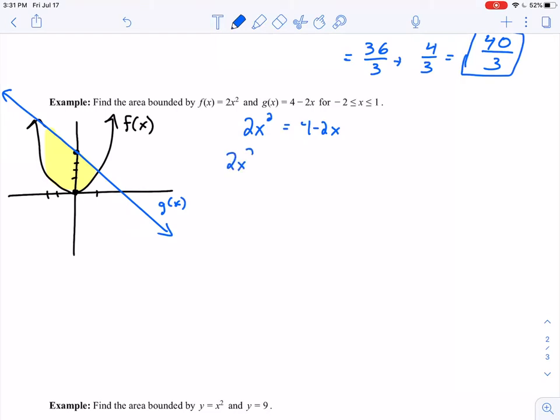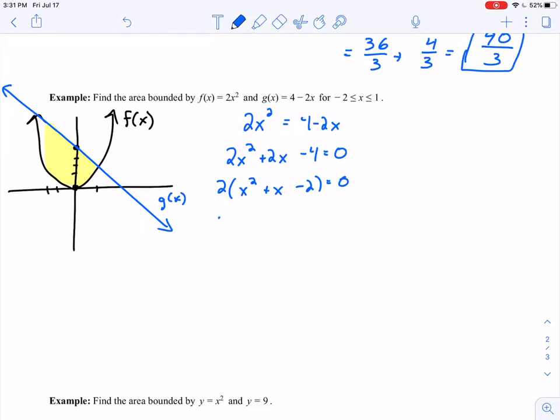So 2x squared plus 2x minus 4 is equal to 0. I can factor out 2. That leaves me with 2 times x squared plus x minus 2 equals 0. So x plus 2 times x minus 1 equals 0, which gives me x equals negative 2 and x equals positive 1. And this is a huge relief for me.